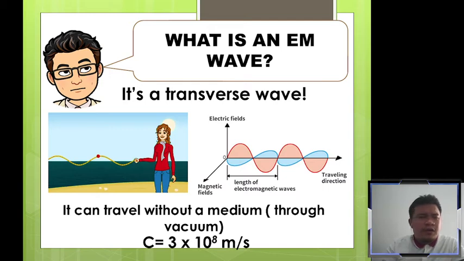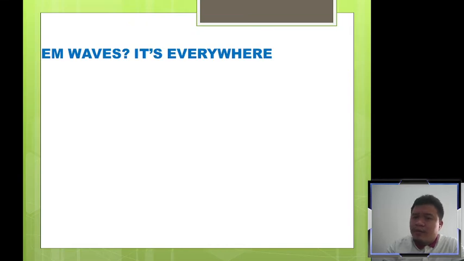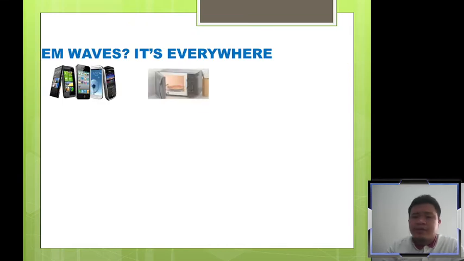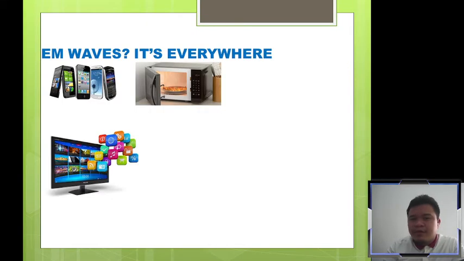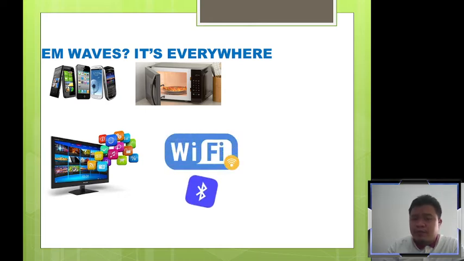And in fact, it's not only light that is an EM wave. In fact, they are everywhere. We see them through our phones, in a microwave oven, televisions, even our Wi-Fi, as well as your Bluetooth devices utilize EM waves.